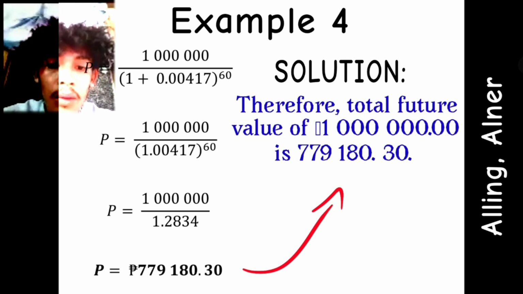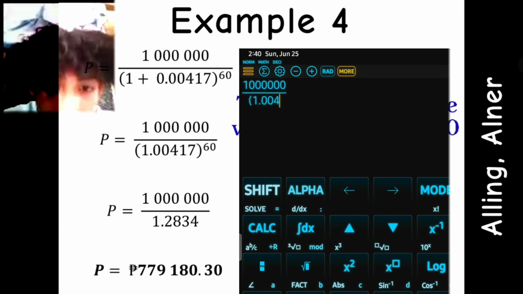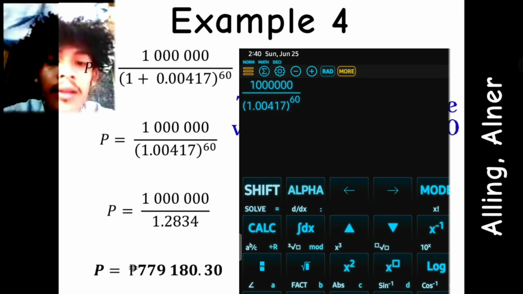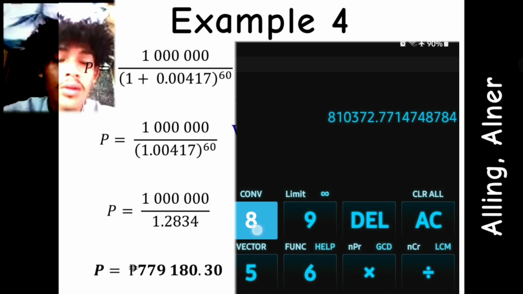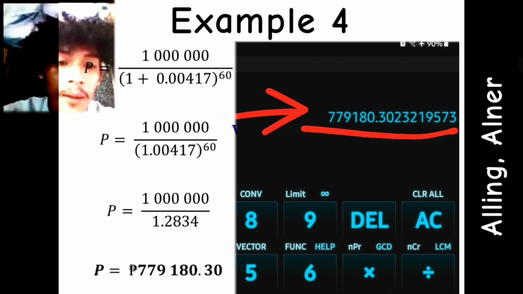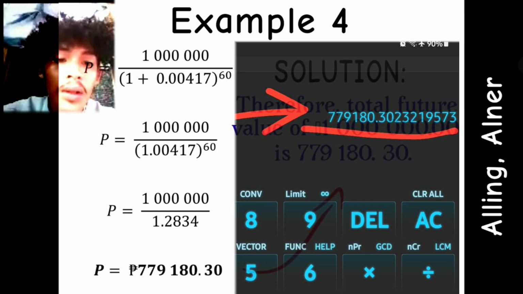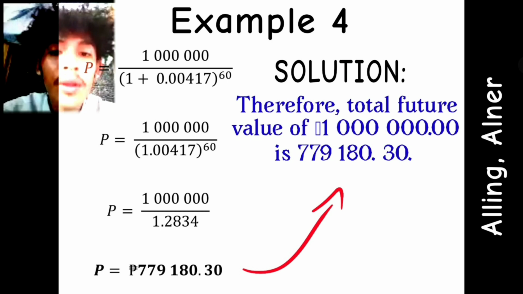Principal equals 1 million over 1.00417 raised to 16. Principal equals 779,185. Therefore, the present value of 1 million is 779,185.